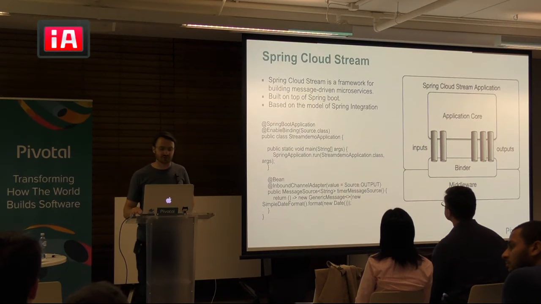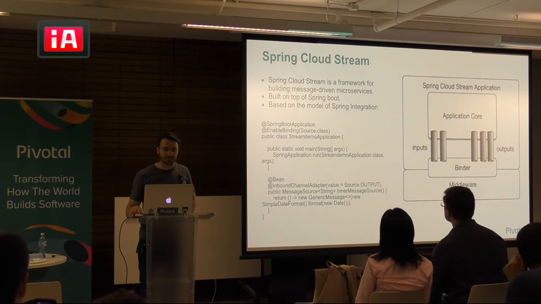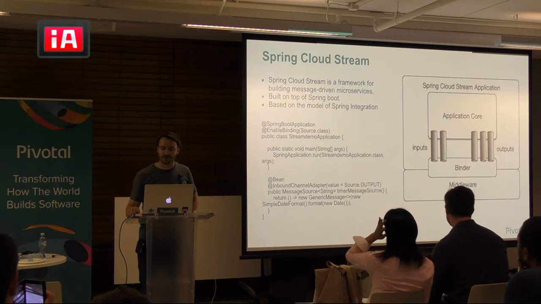An example here is Spring Cloud Stream. This is the publisher. We've got an input channel adapter, like in the code example, that's publishing events to the consumer.